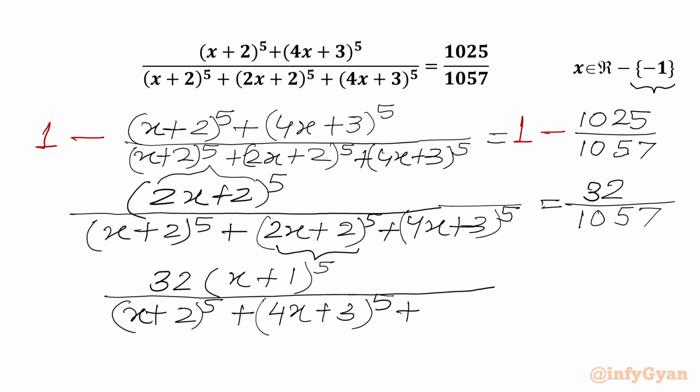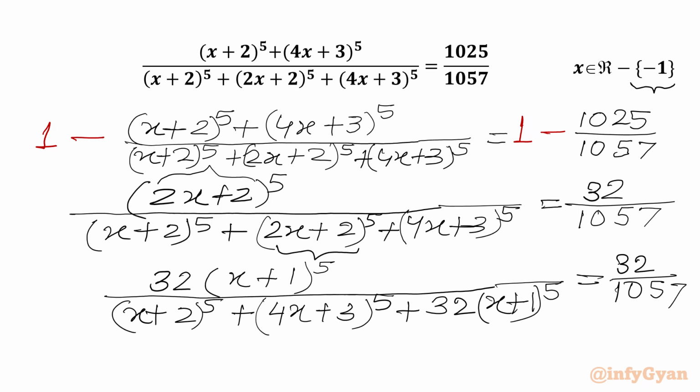Then we will write 32 times (x plus 1) whole power 5. And RHS is 32 over 1057.